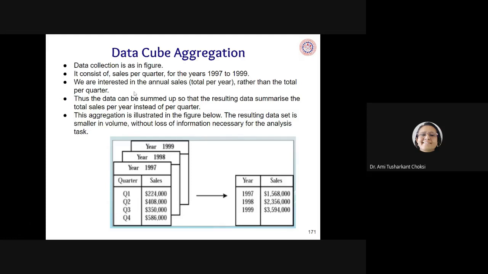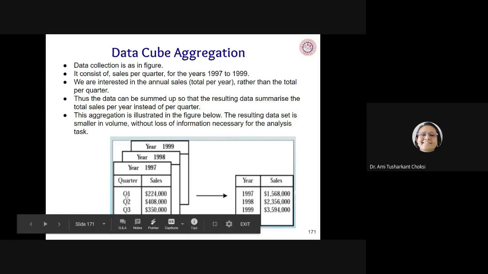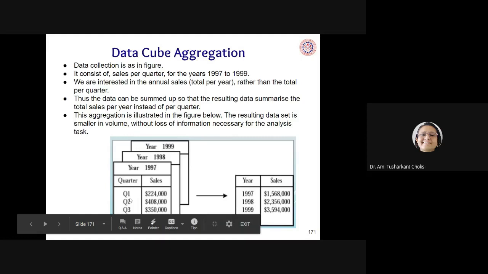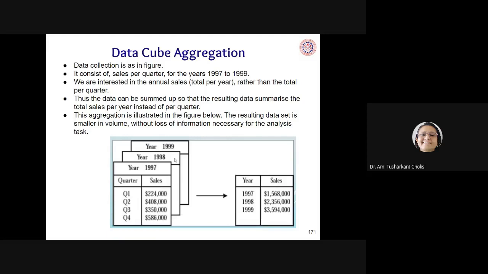What is given here is the sales per quarter, but we want sales per year. So we have to sum all these 4 quarters, because we want the data for the whole year, right?